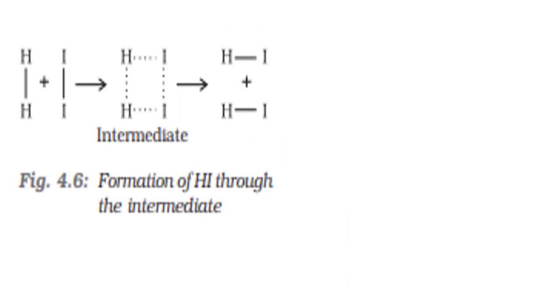Let us know about formation of hydrogen iodide through the formation of intermediate, where one molecule of hydrogen gas, that is H2, reacts with one molecule of I2 to give intermediate, which on decomposition gives two molecules of hydrogen iodide.